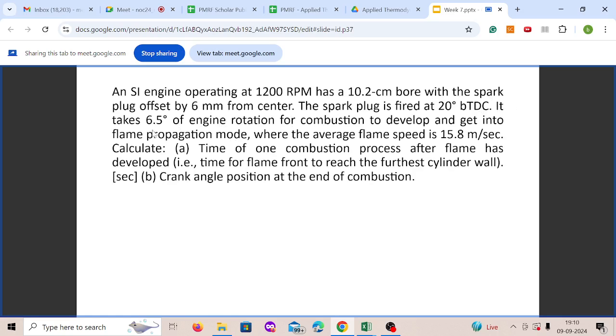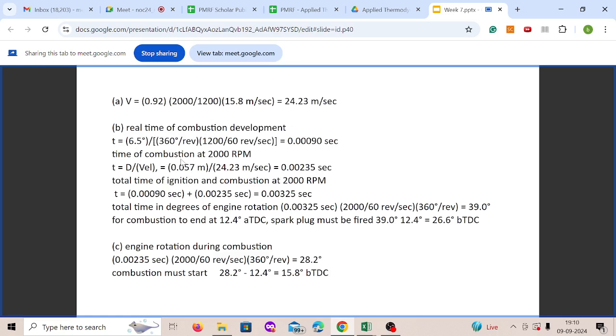Flame development takes 6.5 degrees of engine rotation, so the time taken for flame development is 6.5 degrees divided by 360 times the speed for the previous case, which is 12,000 rpm. That comes out to be 0.0090 second.